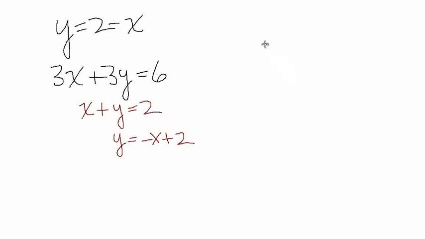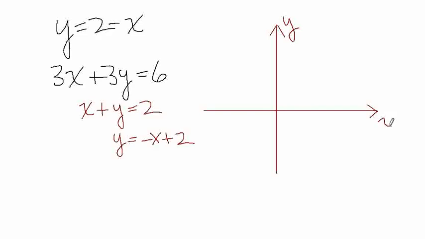So that means that the graph that corresponds to this system is just going to be a single line, so it's going to have an infinite number of solutions. I can show you what that line looks like. It's a line with a y-intercept of 2 and a slope of minus 1. So that's going to look something like this red line.